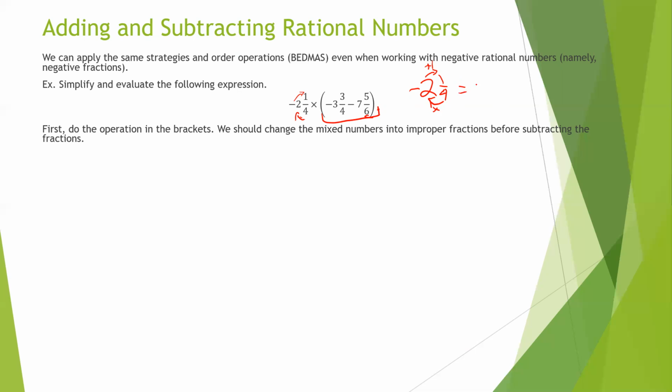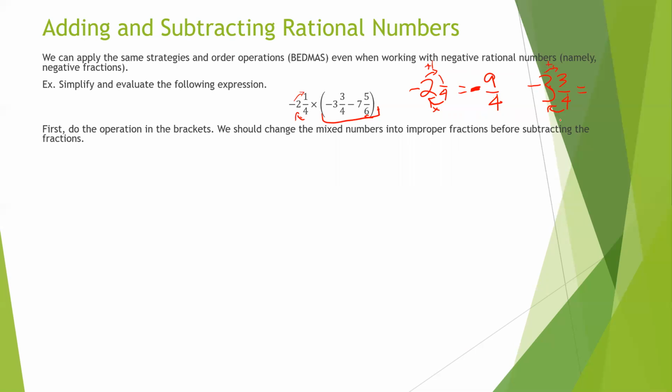And then, of course, because it's 9/4, I simply put a negative sign in front, and I write it as -9/4. Okay, so that's how I switch the mixed number into an improper fraction. And I'm going to do the exact same thing here. If I want to switch -3 3/4 into an improper fraction, I'm simply going to take 3 times 4, which is 12, and add the number at the top.